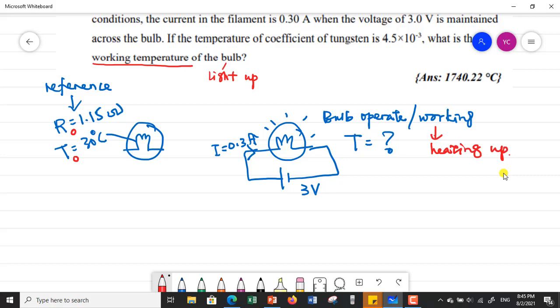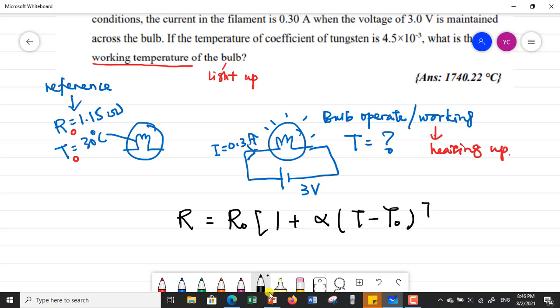So this means our resistance must increase. Kita akan guna R equal to R naught in bracket 1 plus alpha T minus T naught. So I need to find the resistance at that particular working temperature.